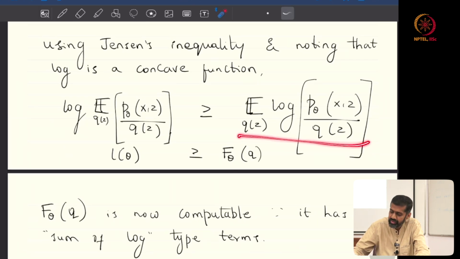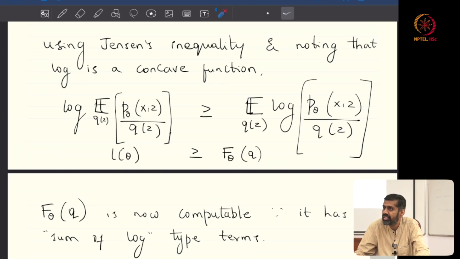Look at this. If you were to optimize this with respect to Q, you are optimizing with respect to a function. See, optimization with respect to theta is an optimization over variables. Optimization over Q is an optimization over function space. Do we know how to differentiate or optimize over function space?